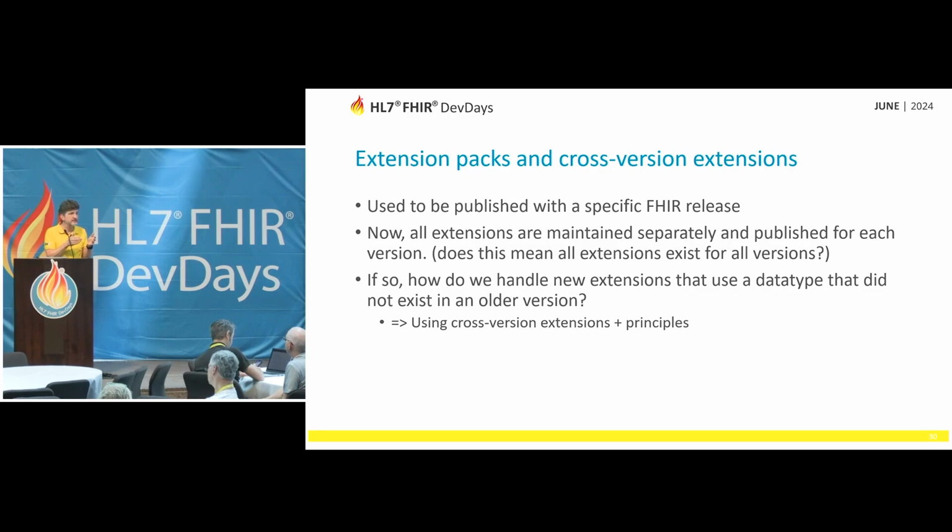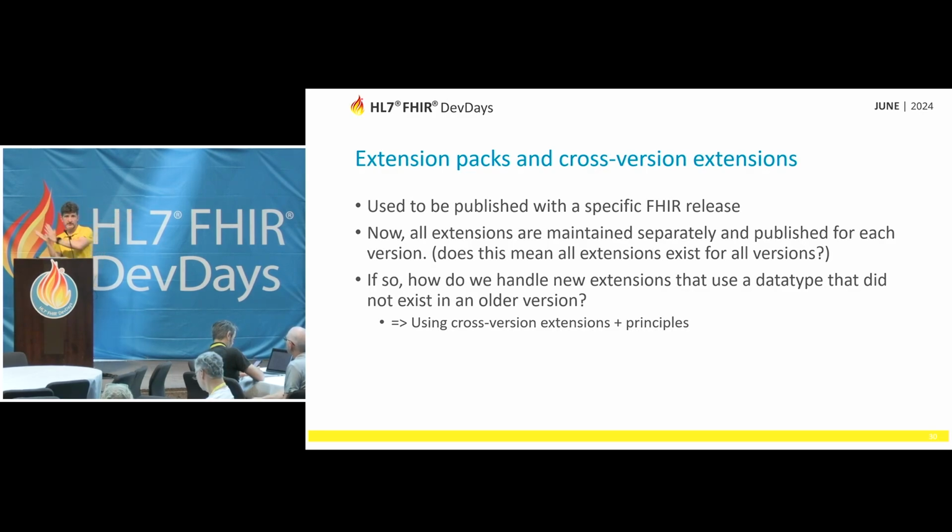There really isn't a reason why we wouldn't allow that. The only reason was that we published the extensions with the publication of FHIR. So about a year or a year and a half ago, I don't remember exactly, HL7 took the decision to take these extensions out of the FHIR publication and make a separate extension publication that is versioned differently and so on.